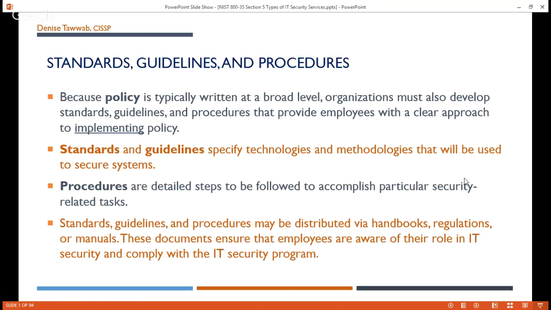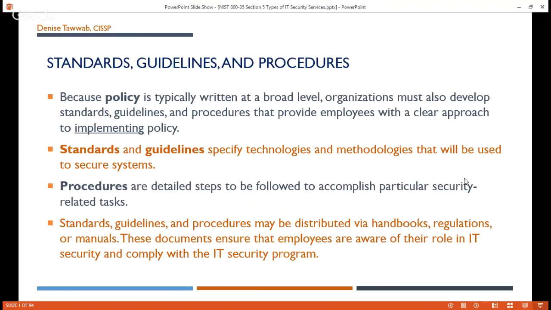Okay, standards, guidelines, and policy. Because policy is typically written at a broad level, organizations have to develop standards, guidelines, and procedures that give employees a clear approach for implementing policy. Standards and guidelines talk about your specific technologies and methods that will be used to secure your systems. Procedures are going to be your detailed steps to follow to accomplish a particular security-related task to implement a specific control.